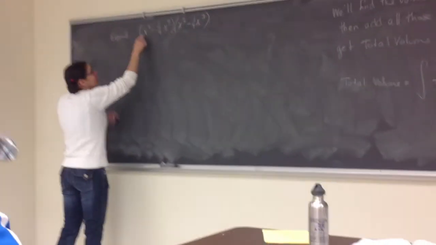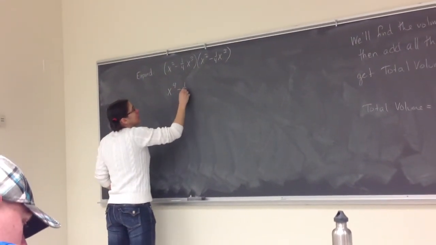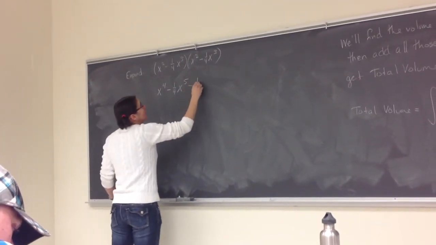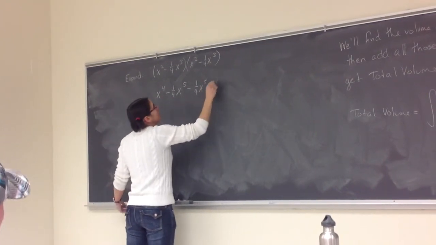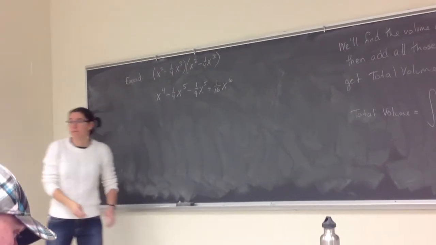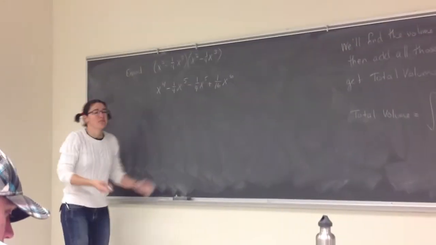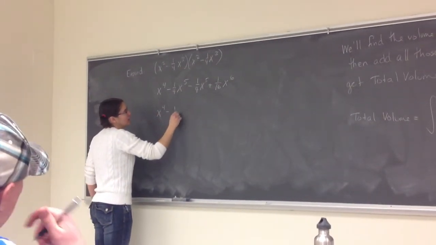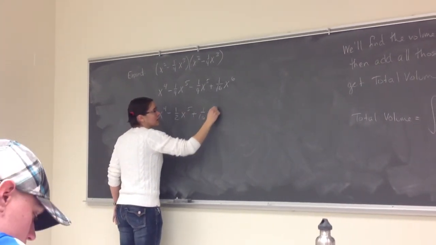Okay, so I've got x squared times x squared is x to the 4th, minus 1/4 x to the 5th, minus another quarter x to the 5th, plus 1/16 x to the 6th. Now I can combine some like terms, and we've got x to the 4th minus a half x to the 5th plus 1/16 x to the 6th.